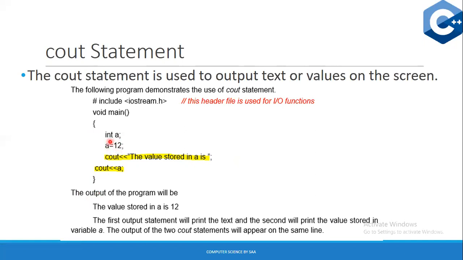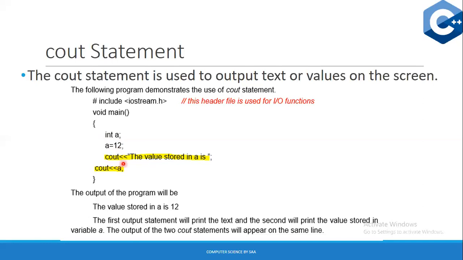We have declared a variable A which is of integer type. This is the variable declaration. We have declared that we are going to use variable A, and what type of data will it save? It will save integer type data. Here we have initialized the variable A with the value 12.